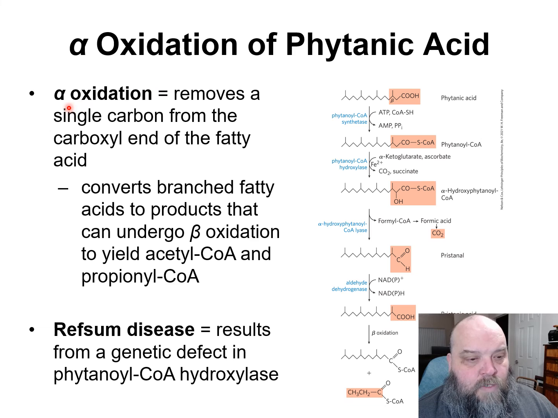We're going to do here what's referred to as alpha oxidation. Okay, beta you cut between 2 and 3. Here with alpha, we're going to be cutting sooner. You cut at the alpha, you get the formyl-CoA, which becomes formic acid once the coenzyme A portion is removed, which will result in carbon dioxide.